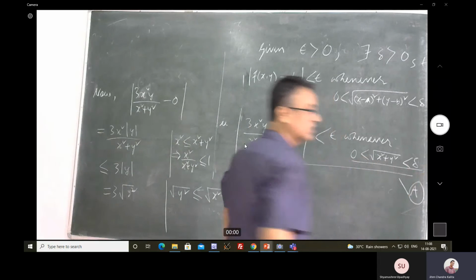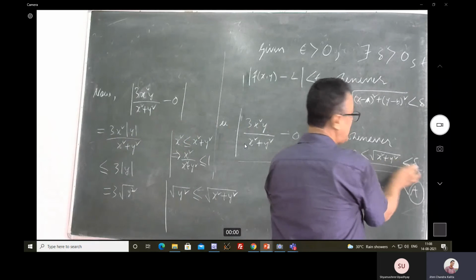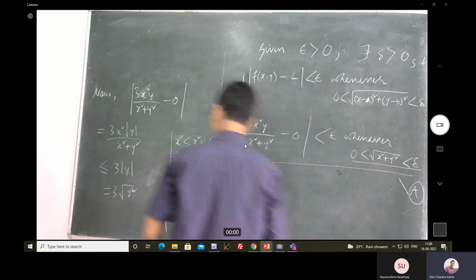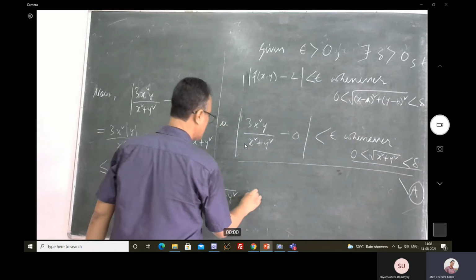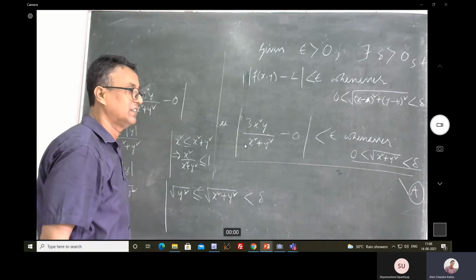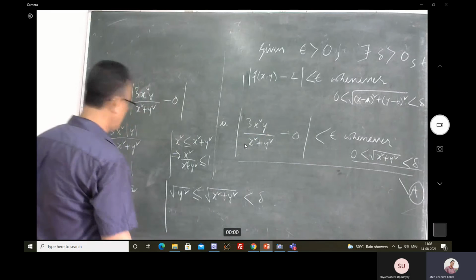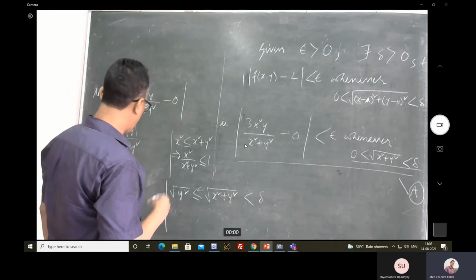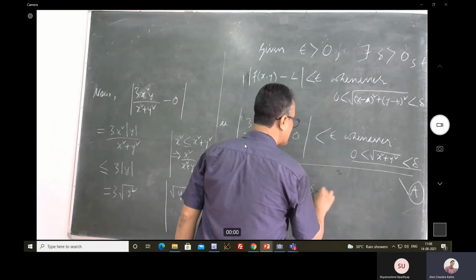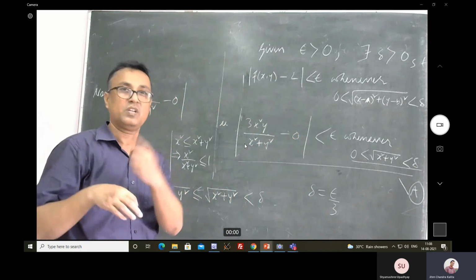If I look at this, so if I apply this condition, whenever this is happening, this is going to be less than delta, right? Now what happens if I choose delta to be equal to epsilon by 3? Here you have to do a lot of mathematical manipulation.